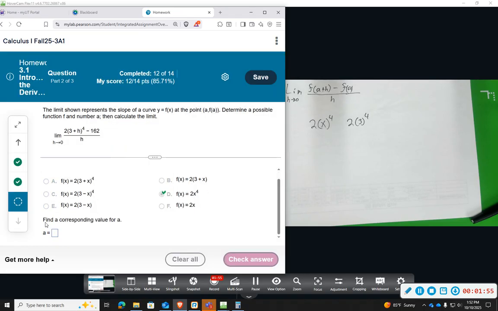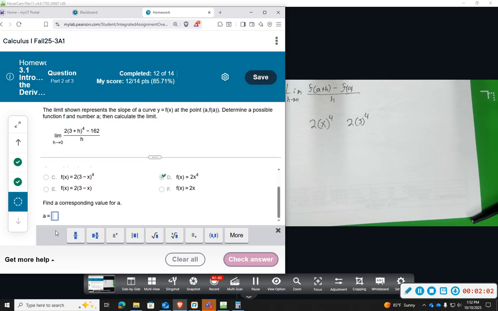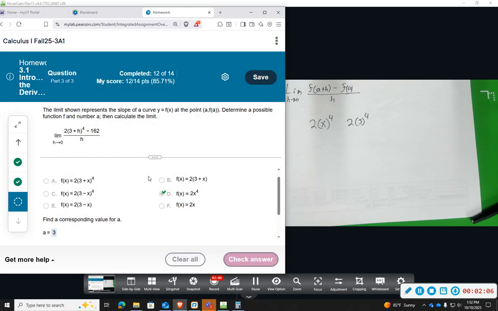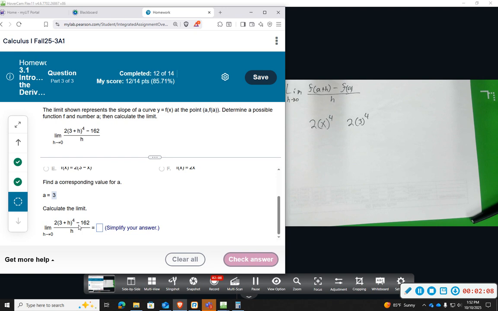And then they want you to find the corresponding value for a. So again, the a plus h looks like it is a 3, which we can confirm. And then they want us to evaluate, simplify this, and find the slope.